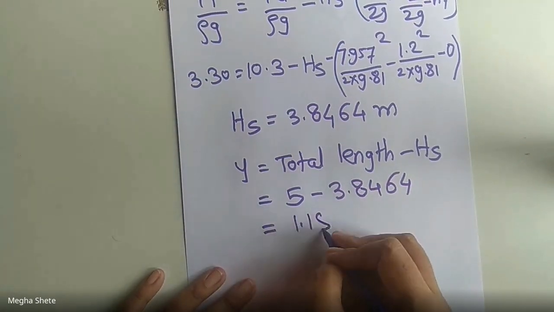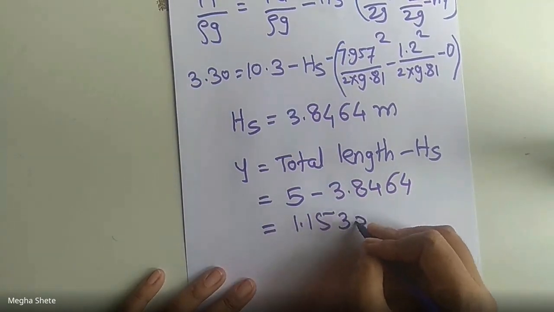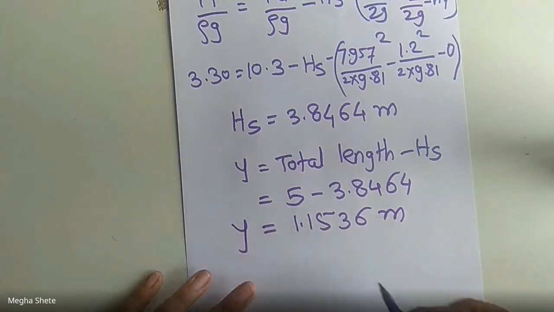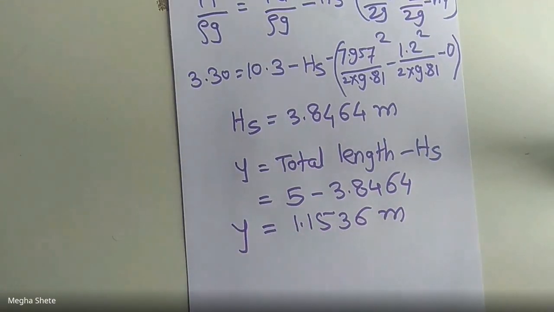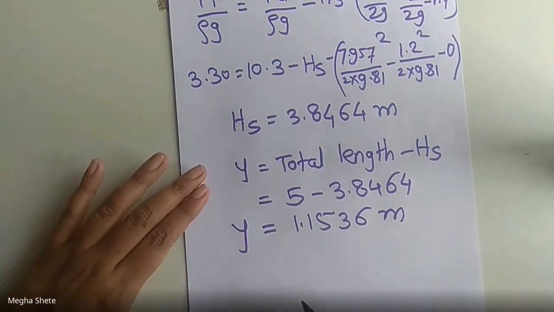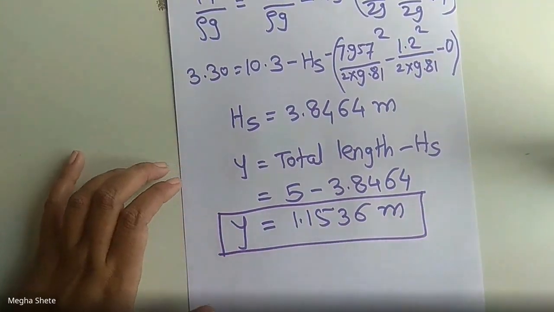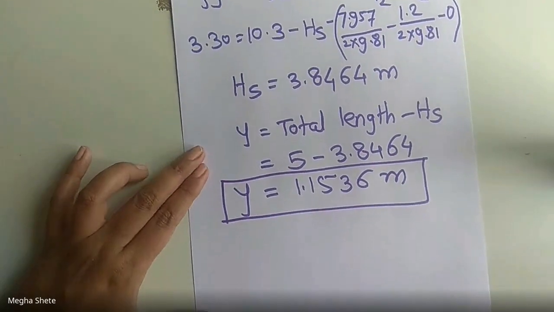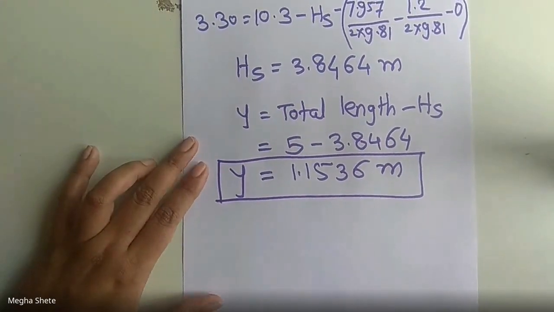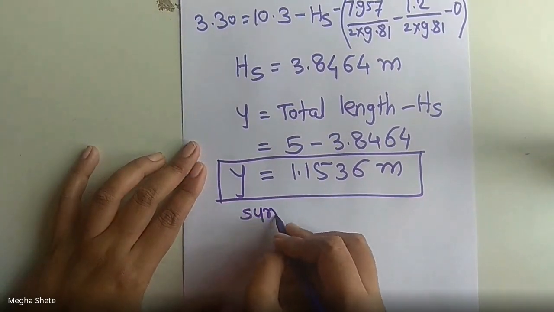The answer is 1.1536 meter. Means the length of the draft tube immersed in the water is equal to 1.1536 meter.